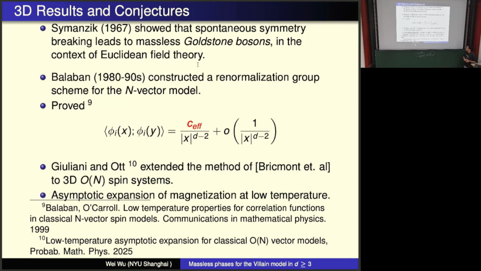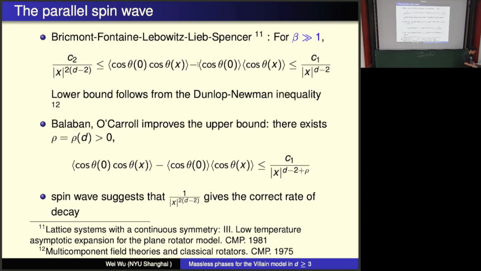Now, as we said, this prediction of the Goldstone theorem tells you that the phi squared truncated correlation is like 1 over x minus y to the 2 times d minus 2. The analogous object in these spin models, in the case of the Villain or the XY model, would be the parallel two-point function, which means that if you look at cosine and cosine, minus the truncation.